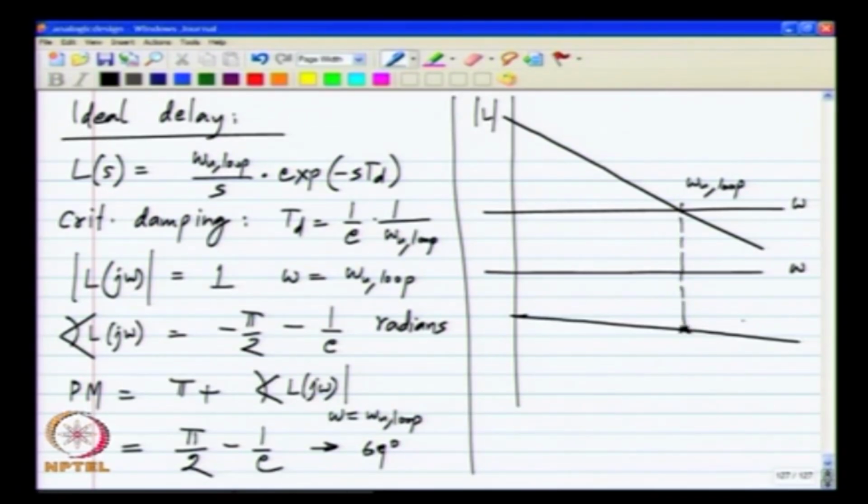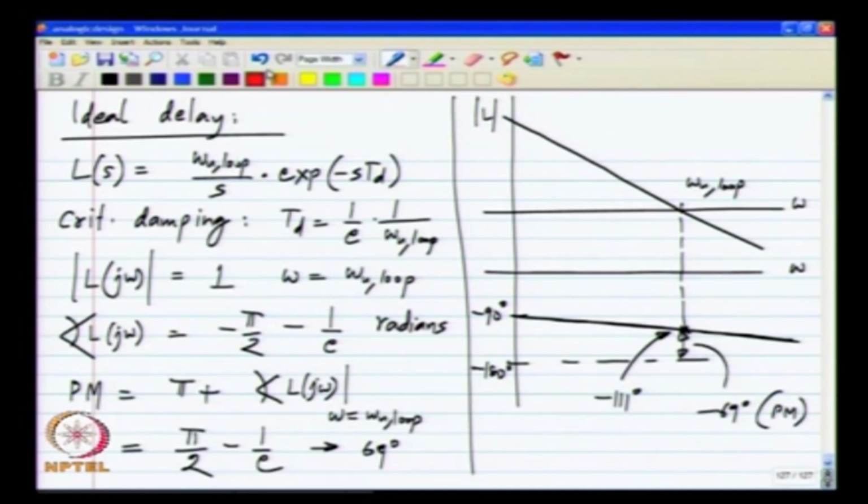And for critical damping at omega equals omega u loop, you have a phase angle of minus 111 degrees, this is approximately minus 90. So, this is on a log scale. So, a straight line on a log scale does not actually look like a straight line, I have drawn it approximately, and the distance from minus 180 degrees is 69 degrees, and this is the phase margin. Okay.